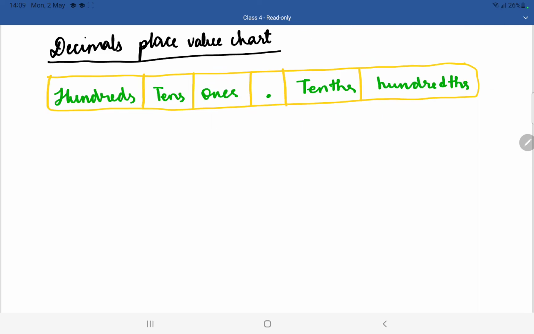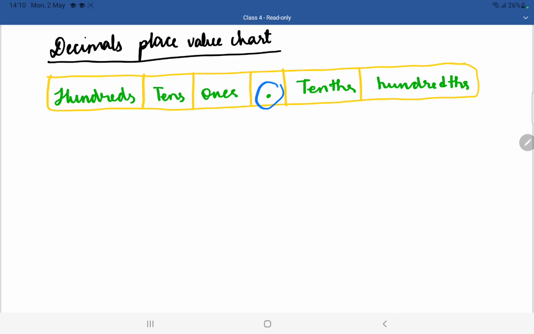Okay. So students, let us now study the decimals place value chart. In the decimals place value chart, as I told you for whole number representation in the previous class also, we have ones, tens, hundreds before the decimal point.